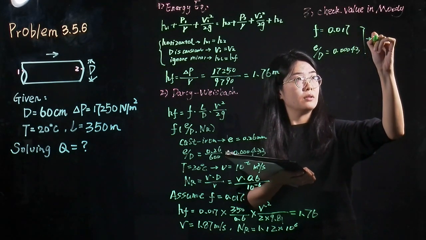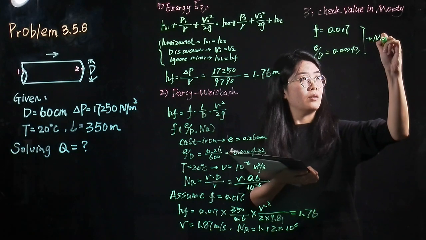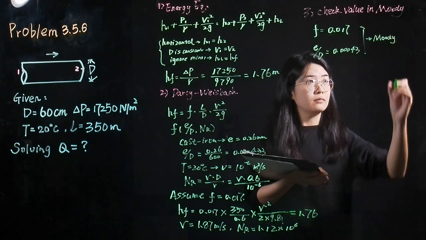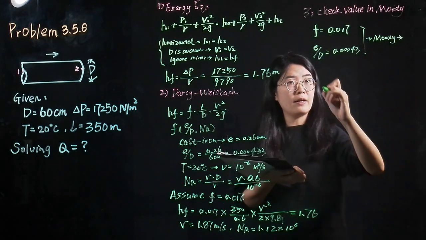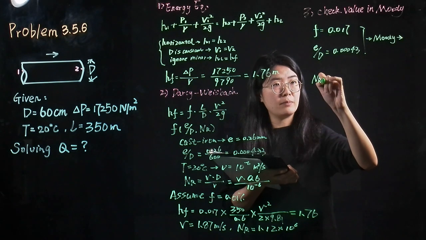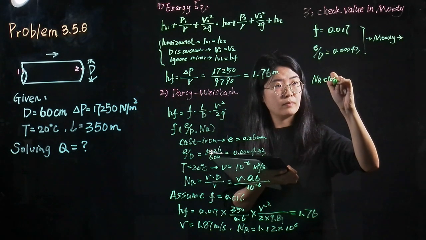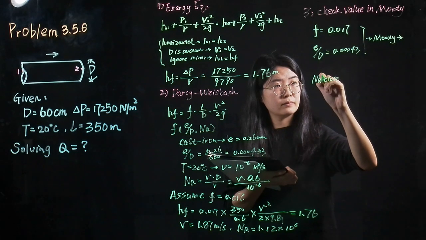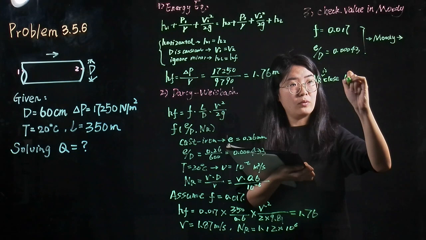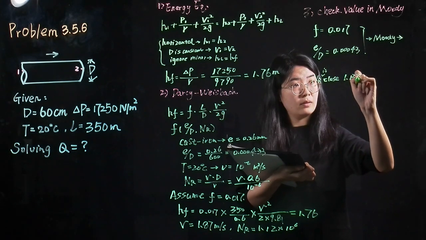After we search for the Reynolds number on the Moody diagram, we find that the Reynolds number is close to 1.12 times 10 to the power of 6.